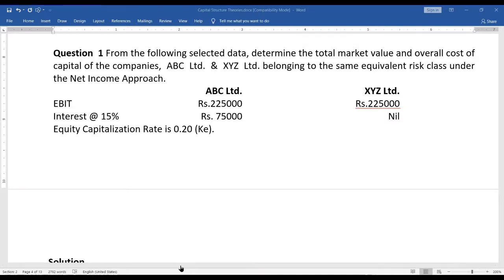So one of the answers is 33.09%. I think it should be on the lower side because cost of equity is 20%, so overall cost of capital should be less than the cost of equity.